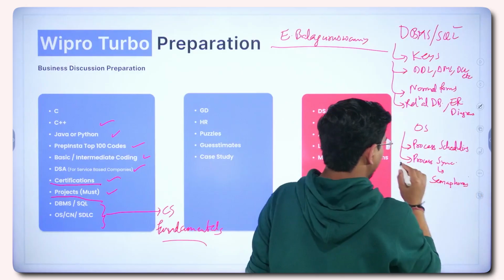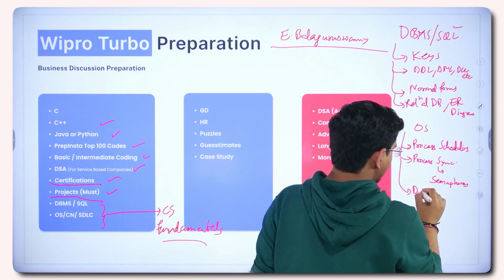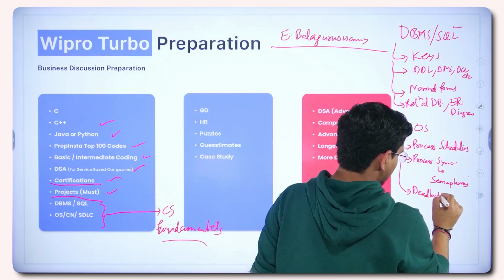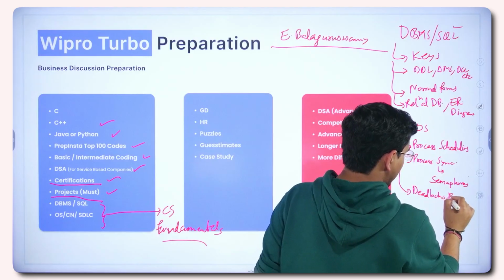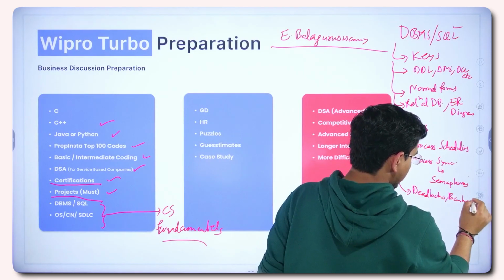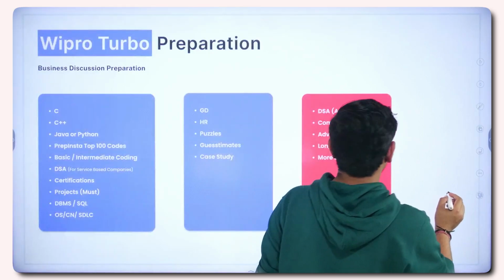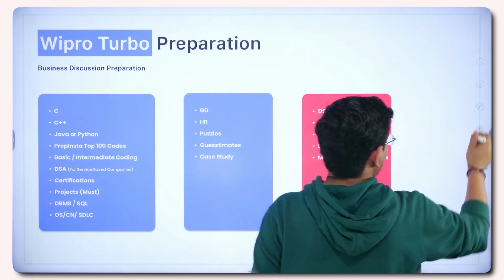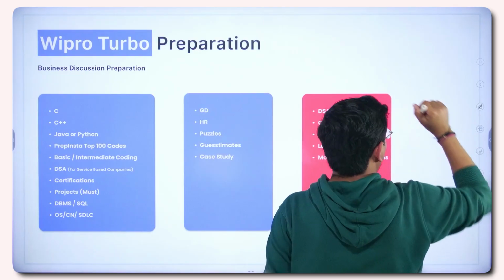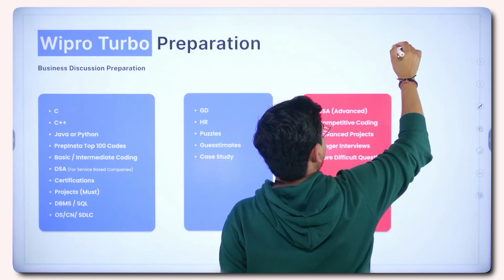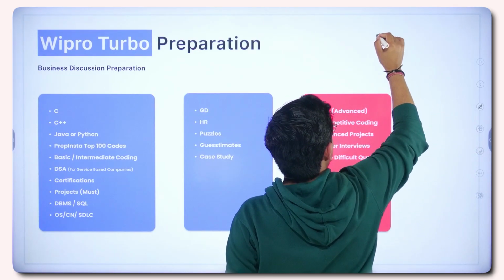Fine. Then you should be studying deadlocks, banker's algo. Oh no. So fine, I'll write that again. For all those who are watching this, you can go back and see those topics. I'll write from deadlocks.